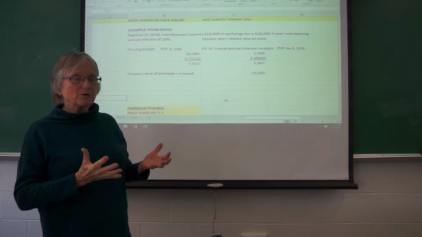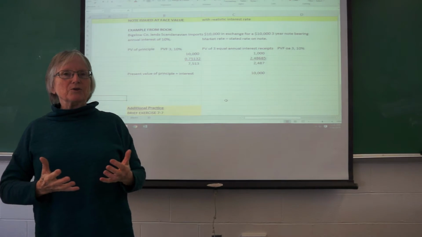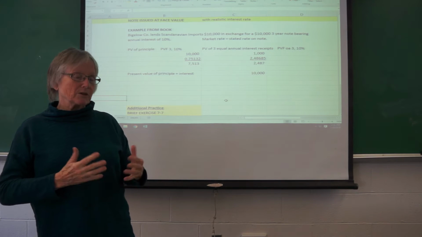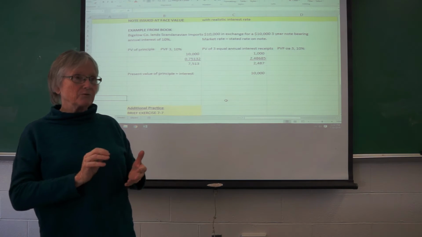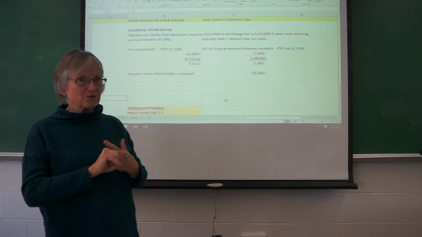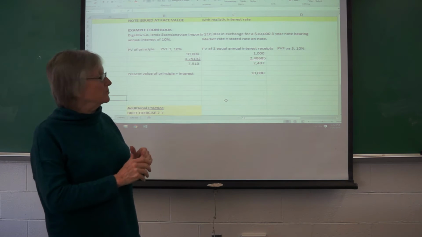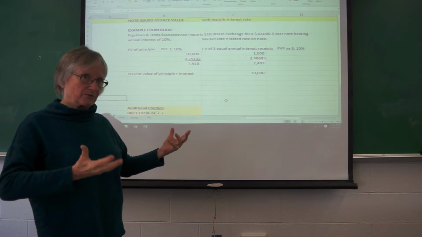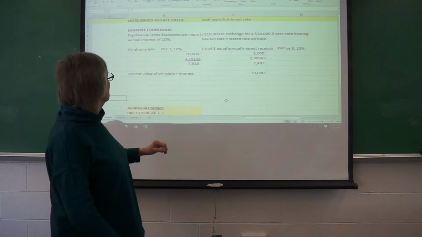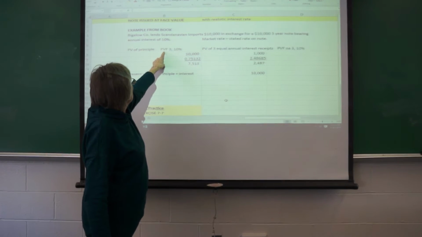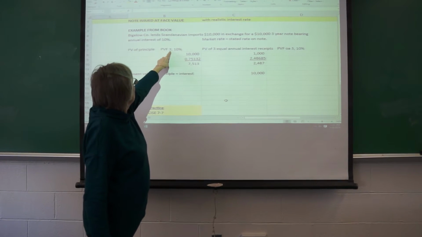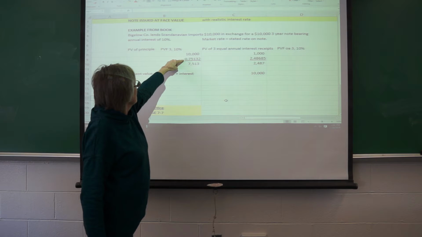Just to prove that, as we know, notes receivable, and this is long-term, are supposed to be reported at the present value of the future principal and interest payments. So if we were to compute that, just to make sure we've got the right thing going here, we take the 10,000 and use the present value factor of 3 years at 10%, which is this factor.